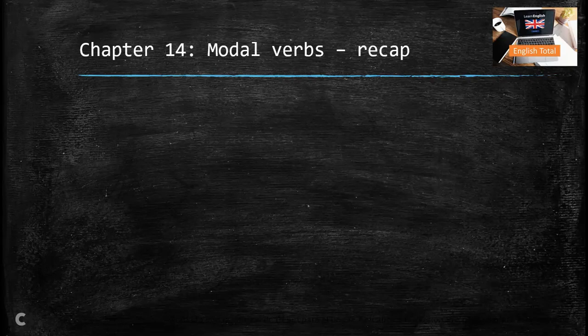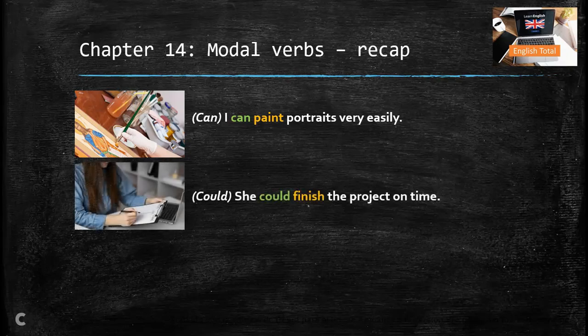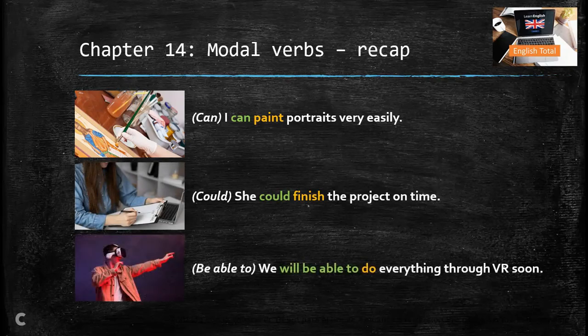Okay then, let's recap. In today's lesson, we have learned that modal verbs are verbs that express different modalities. You can use them to express all sorts of ideas, like possibility, permission, or ability in present, or ability in the past. You can use them to describe what you can do in different tenses.